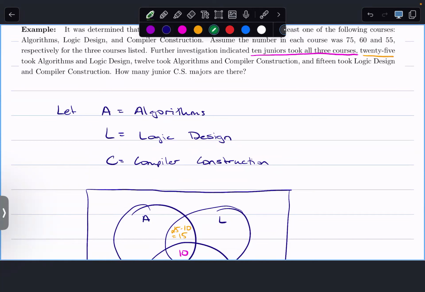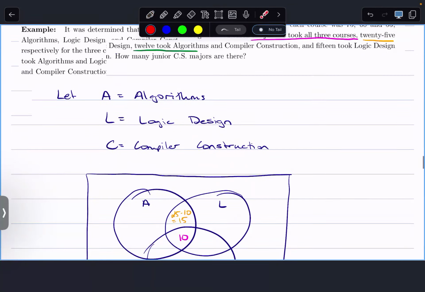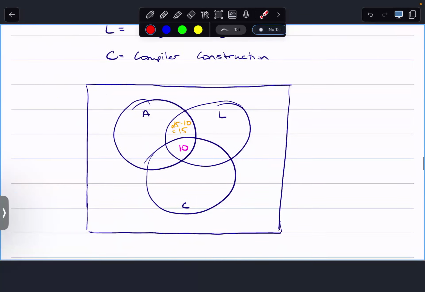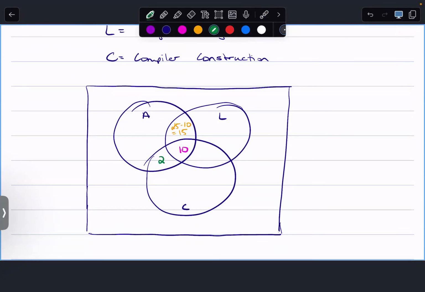I'm going to run out of colors pretty quick here. 12 took algorithms and compiler construction, but 10 of those have already been written down. And so I have 2 here: 12 minus 10 makes 2.